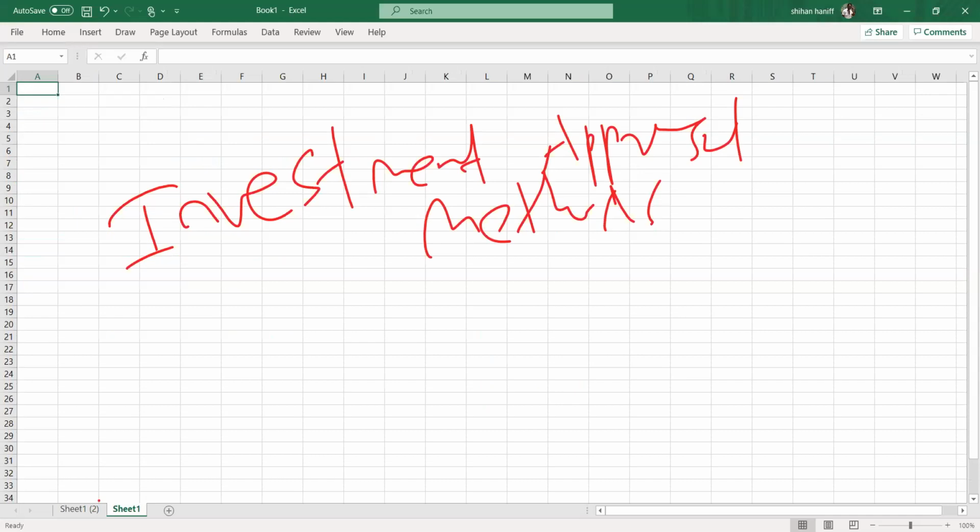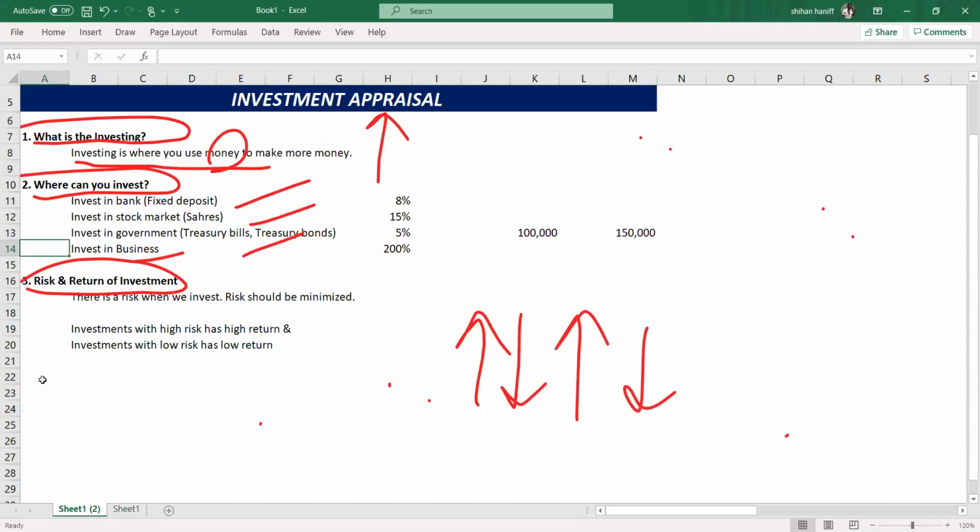Right. So let's write the next point. Number 4. Investment appraisal methods.